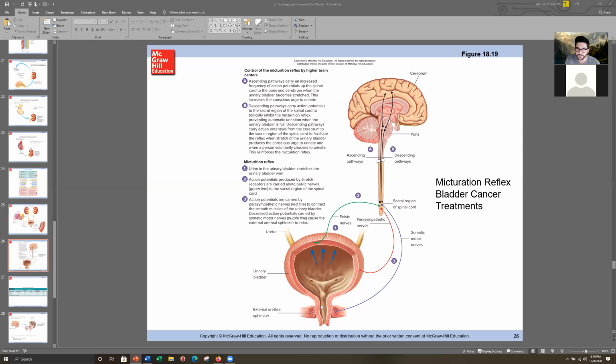So the urine in the urinary bladder stretches the bladder wall. Action potentials are produced by stretch receptors carried along pelvic nerves to the sacral region of the spinal cord, and then they are carried by parasympathetic nerves in the red line to contract the smooth muscles of the urinary bladder. Decreased action potentials carried by the somatic motor nerves in the purple line cause the external urethral sphincter to relax.